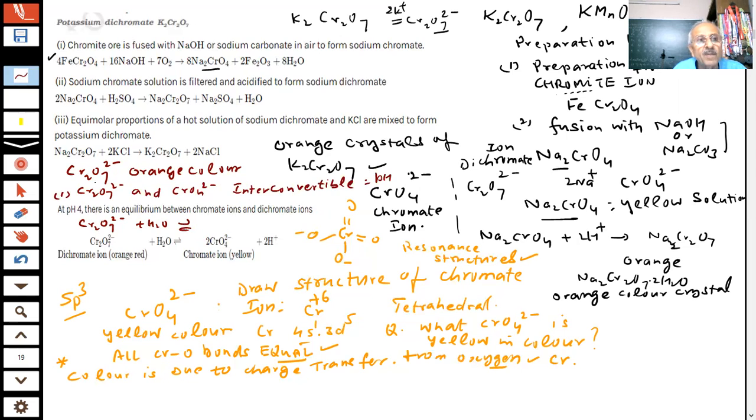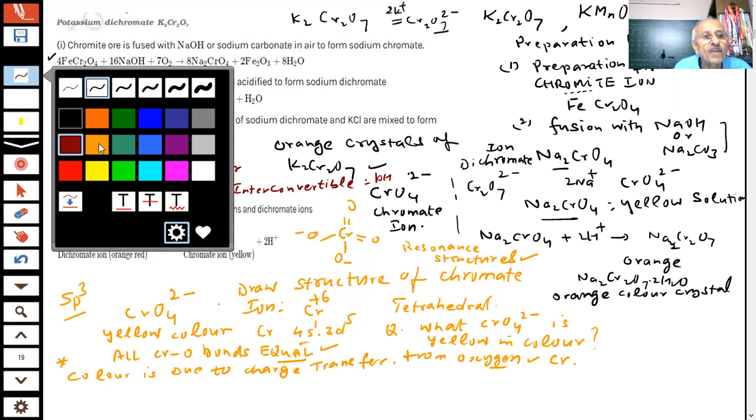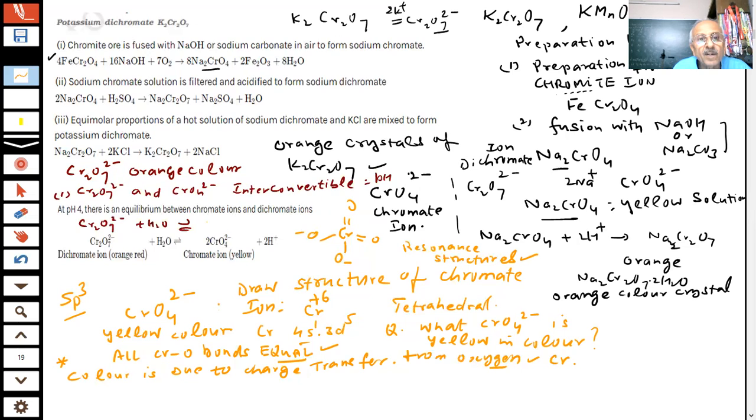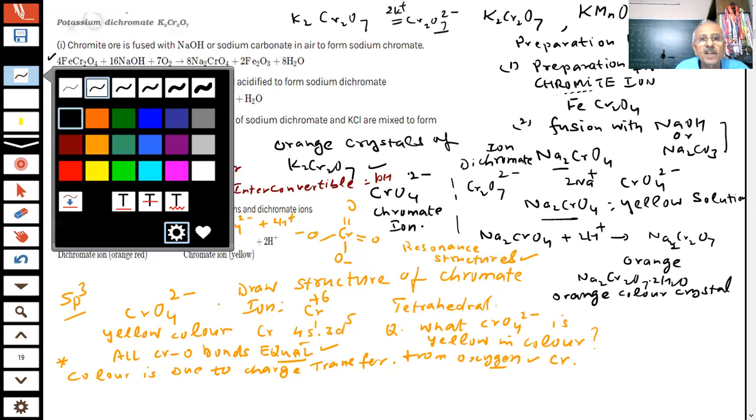What ions are you getting? 2CrO4 2 minus and 2H plus. That means this is a reaction, orange and yellow in color. So what will happen?